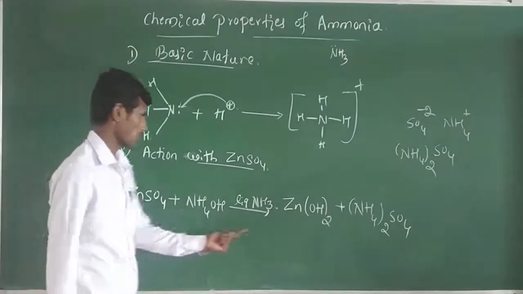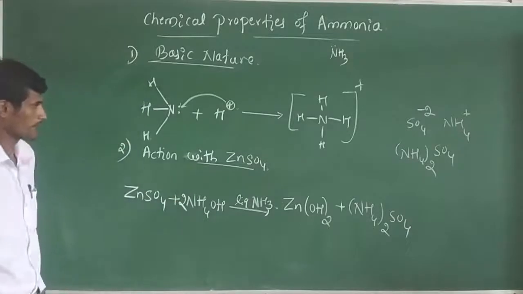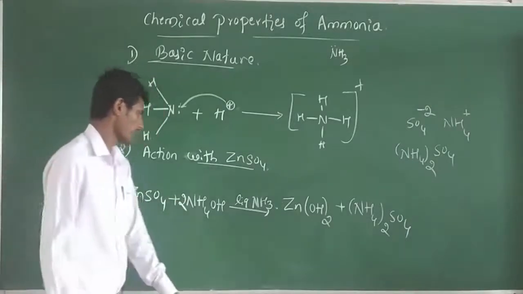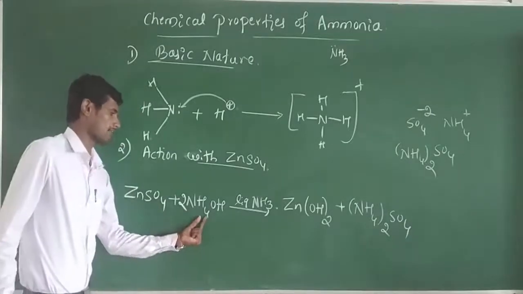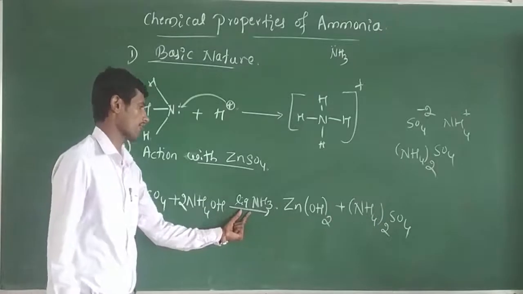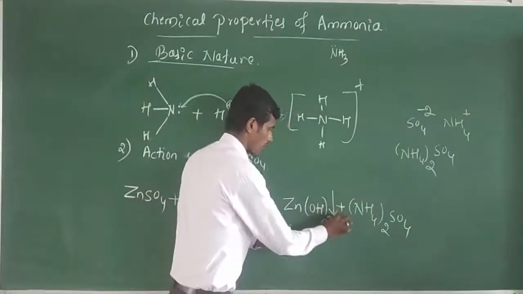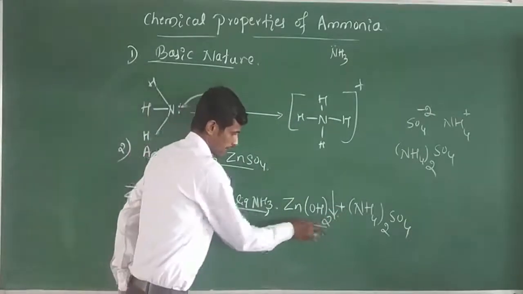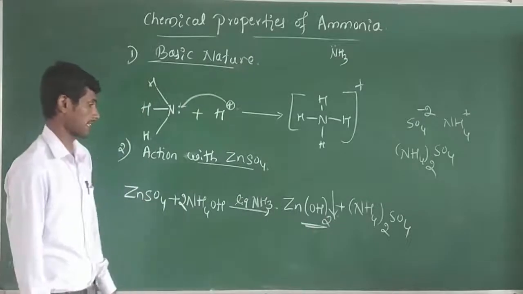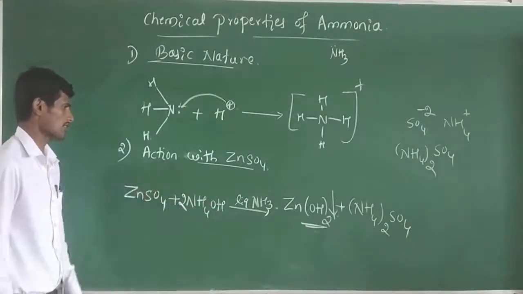Balance this here: NH4 2, make this 2, and all the others are balanced. When zinc sulfate is treated with ammonium hydroxide in presence of liquid ammonia, the precipitate of zinc hydroxide is formed. This is the precipitate form of zinc hydroxide. It is the action of ammonia with zinc sulfate.